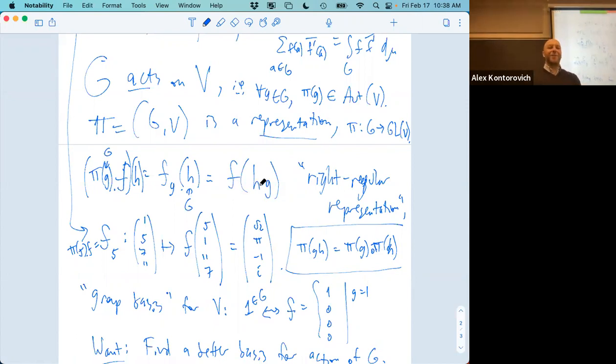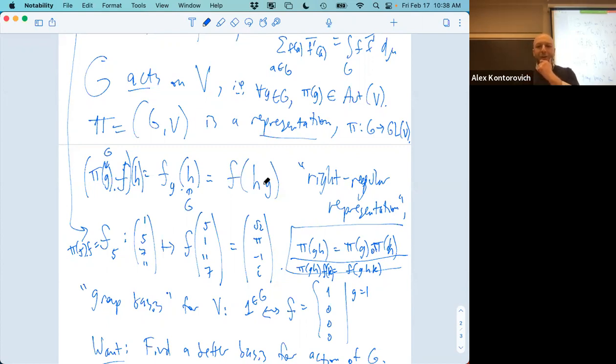And so if I put GH here instead of HG, this wouldn't be true, because then pi GH applied to F, at another element, let's say K, would be F of GHK, if I put it on the left. But if I did pi H first, what am I trying to say?